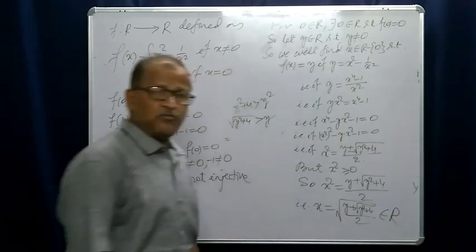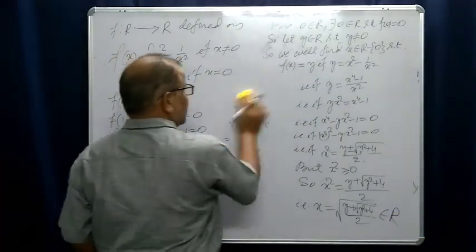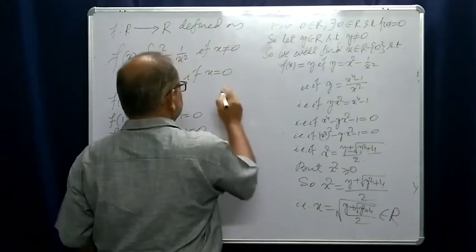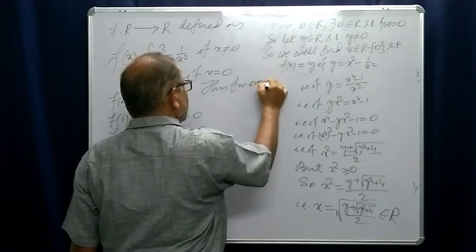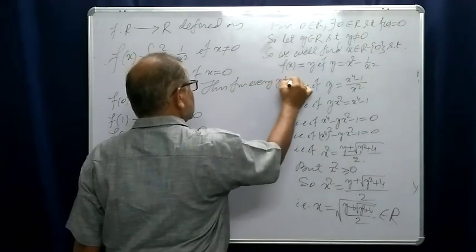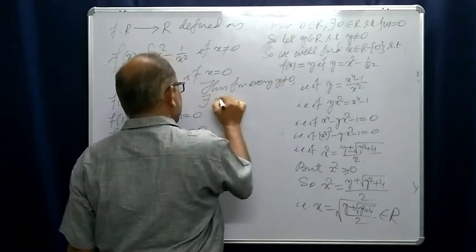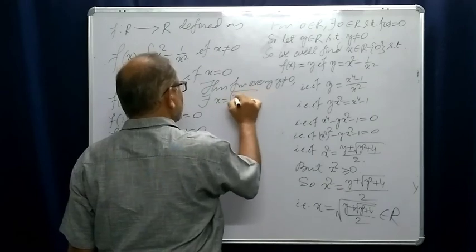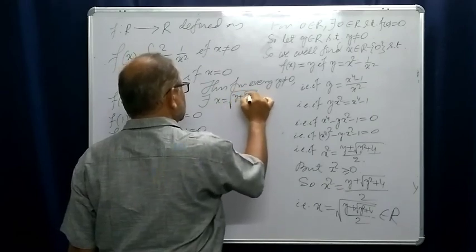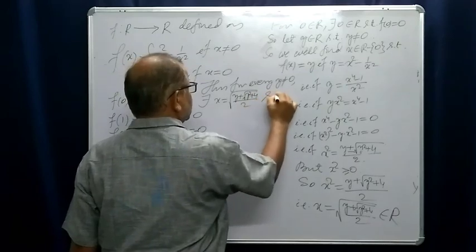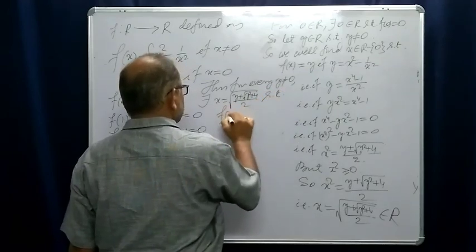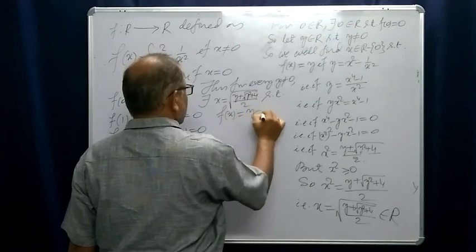Thus, for every y not equal to 0, there exists x equal to square root of (y plus square root of y square plus 4) by 2, such that f of x is equal to y.